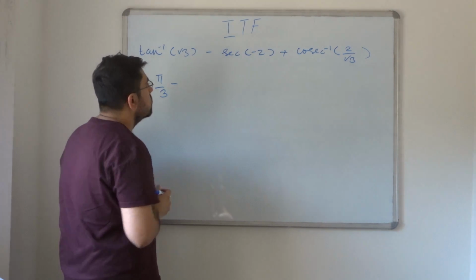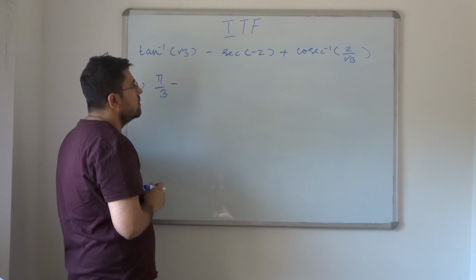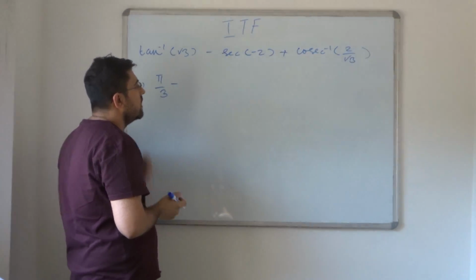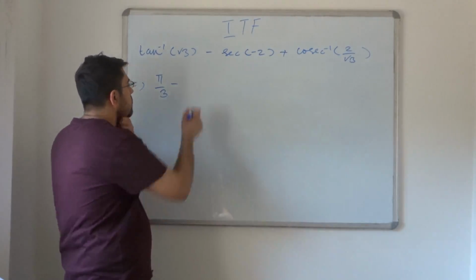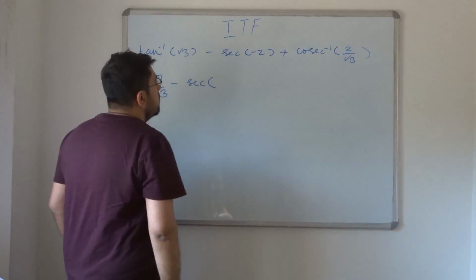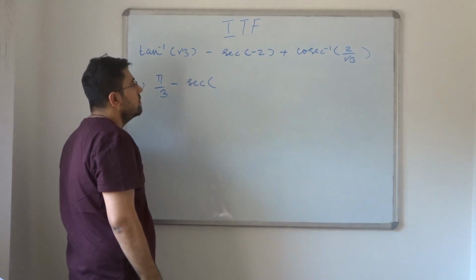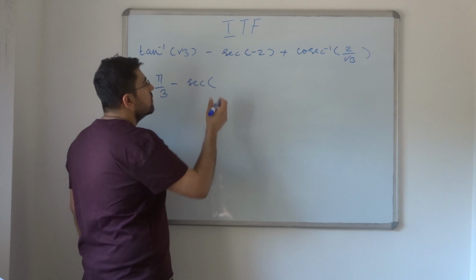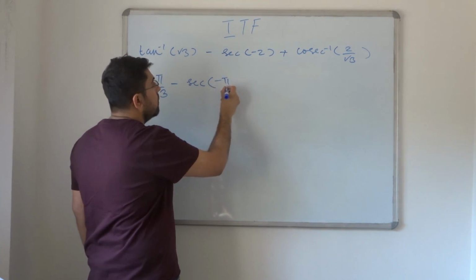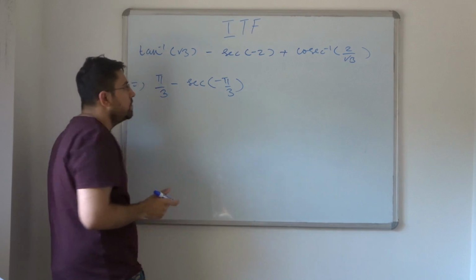Okay, so sec negative 2, sec negative 2 is what? Let's do it here. Is negative pi by 3. Okay, negative pi by 3.